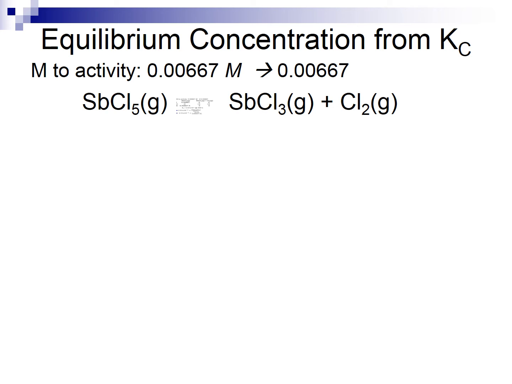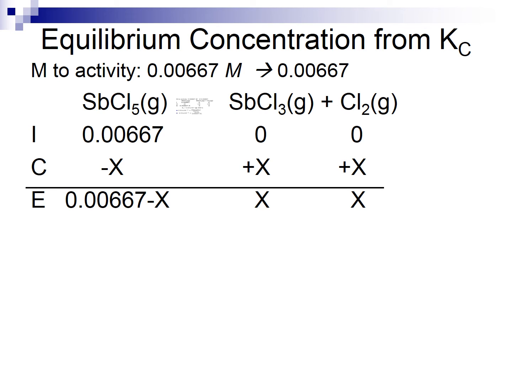I can take my equation of antimony pentachloride producing antimony trichloride and chlorine, and I can set up what we call an ICE table. If I take initial concentration of 0.00667 activity for the antimony pentachloride, and since no antimony trichloride or chlorine were mentioned, initial activities of 0 respectively for each, a change in concentration of some value that we do not know, negative x for antimony pentachloride because it loses some value, positive x for both antimony trichloride and chlorine, and both being just x, not 2x or 3x, simply x because the ratio is 1 to 1 to 1 stoichiometrically, so negative x, and positive x.